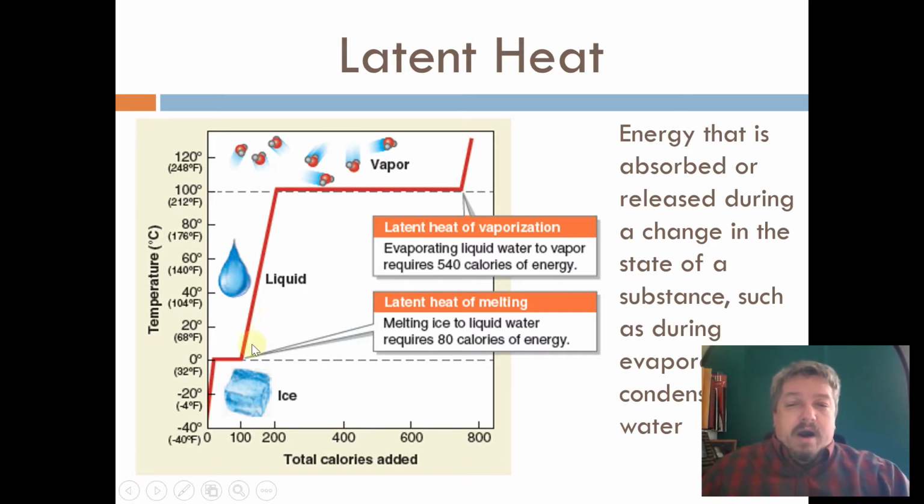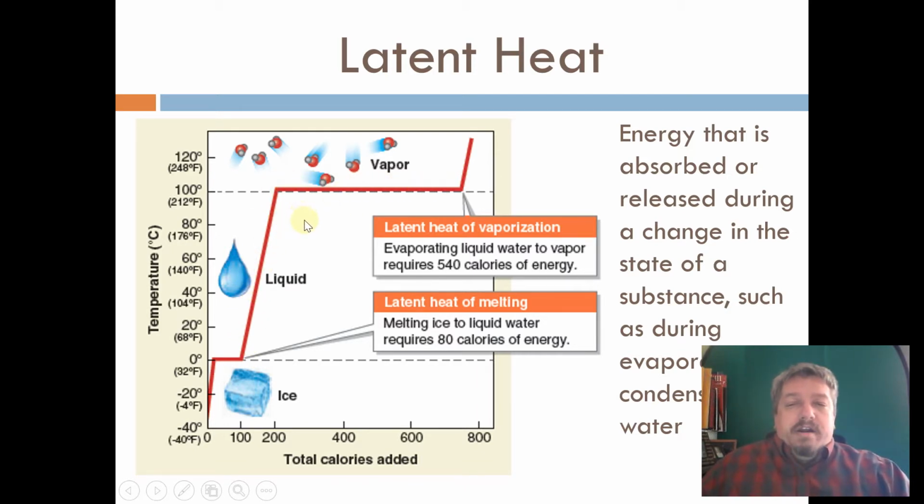So if you have a gram of water and you go from 0 degrees Celsius to 100 degrees Celsius, so from just melted to just before it boils, that's 100 degrees, right? You would need 100 calories of energy. You see right here. But notice this big jump.